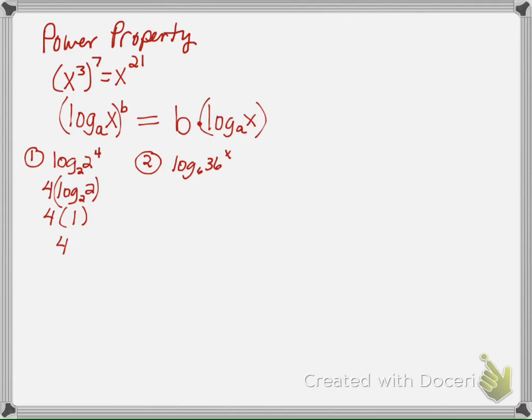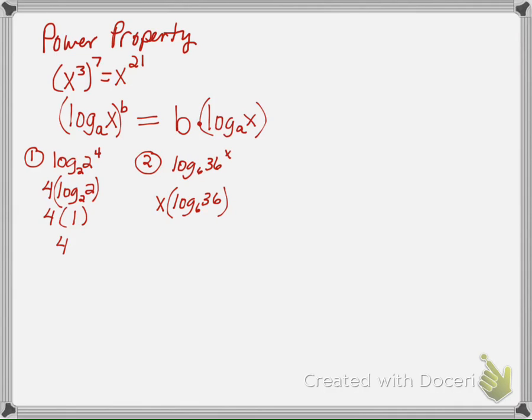Let's use this power property, this power rule. Where does the x go? Down front, right? So x times log 36 base 6. Okay, can we evaluate log 36 base 6? What does that equal? Just this part.